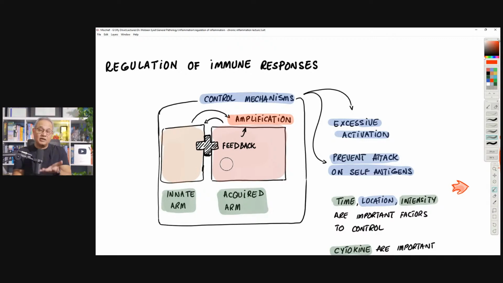Then the acquired arm, once it is active, will in turn amplify the innate arm. This is how both of those systems continue to give positive feedback to each other and amplify each other till they have taken care of the antigen, the pathogen, the allergen, or the damaged tissue. After that, they have to bring each other down through a negative feedback back to normalcy or homeostasis.